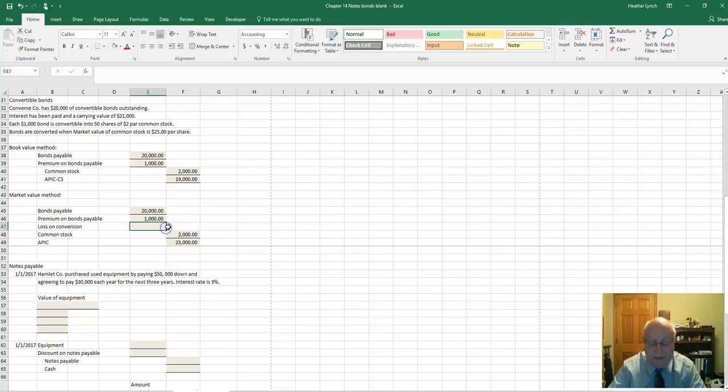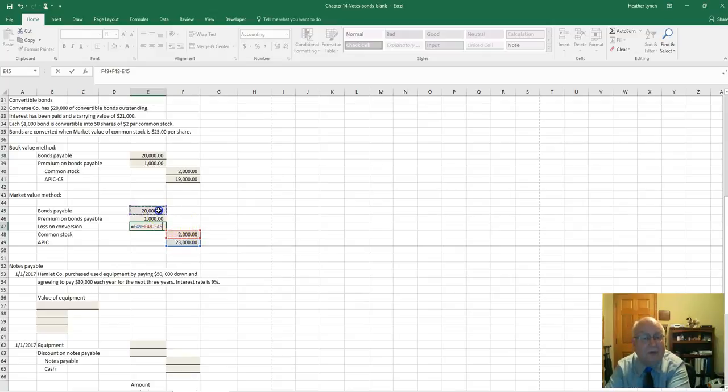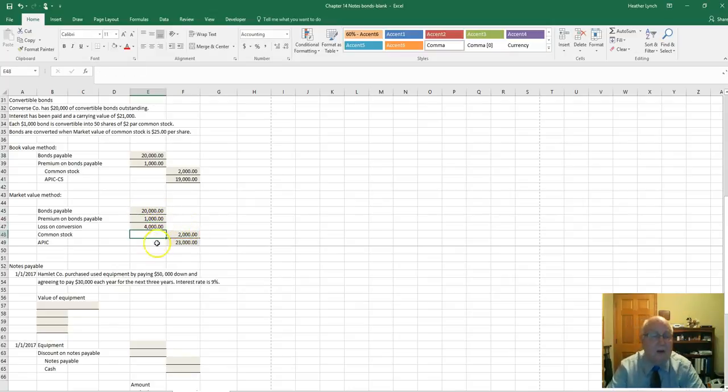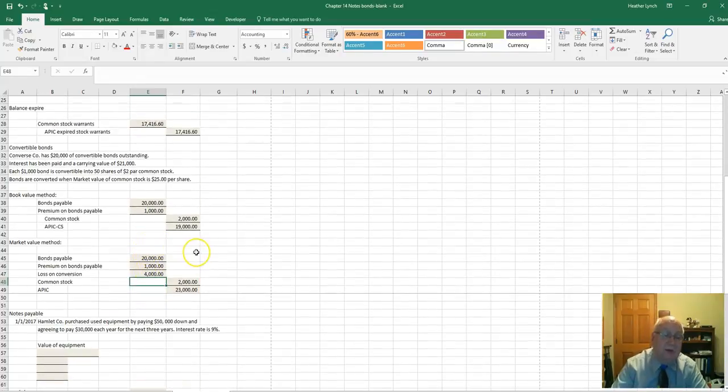Okay, then this one here is to make it balanced. So we have 23 plus 22 minus 20 minus 1,000, so you lost $4,000 on that, on the conversion. Now it's up to the bondholder when they want to convert.